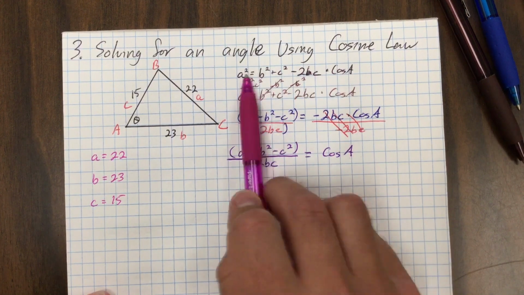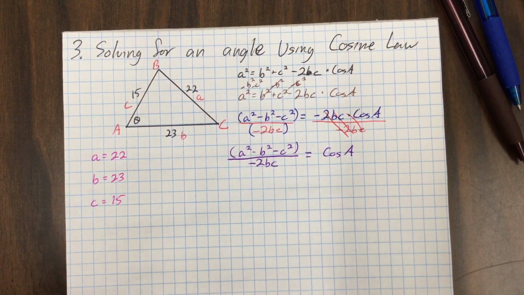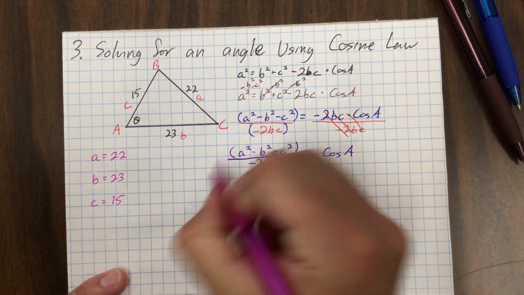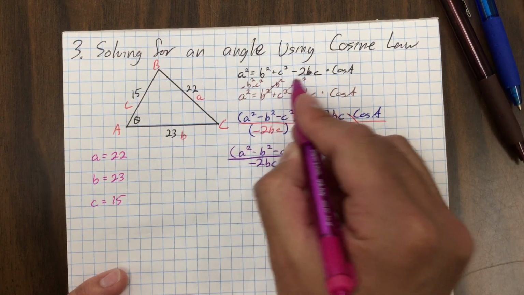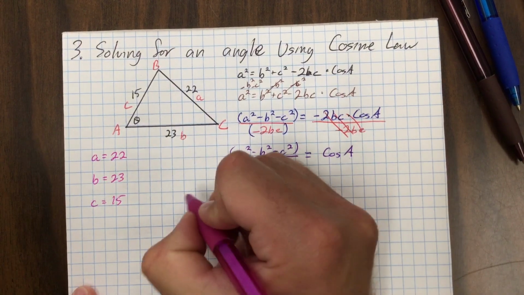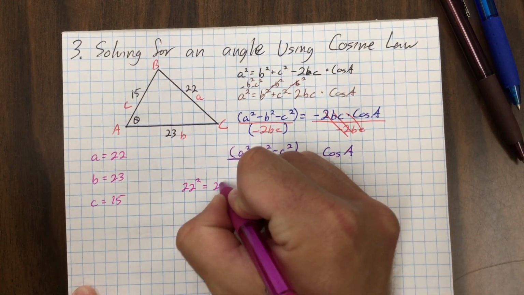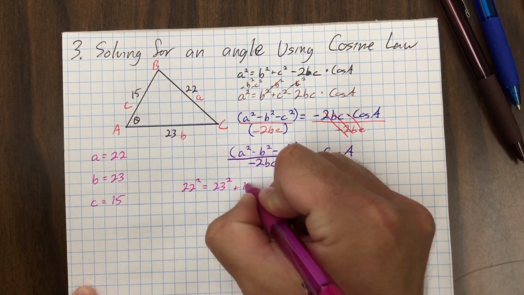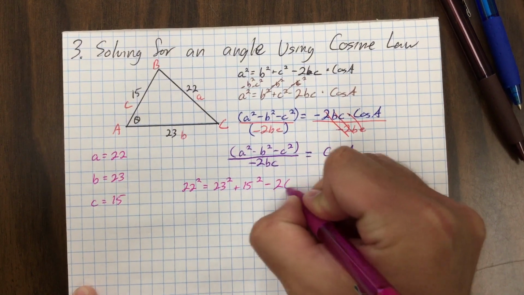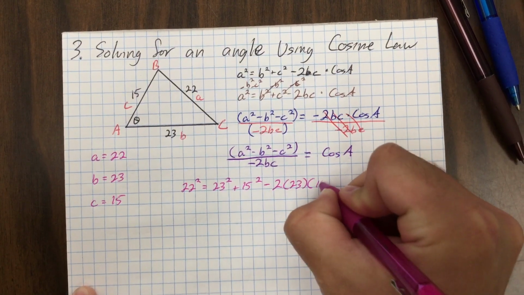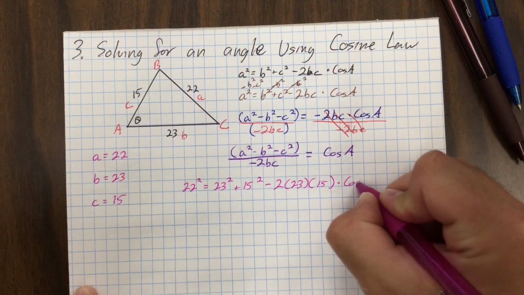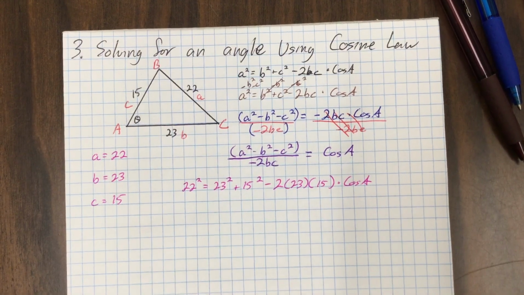I'm going to use all the numbers to solve and go through that process. A squared equals b squared plus c squared minus 2bc times cos A. So we have 22 squared is equal to 23 squared plus 15 squared minus 2 times 23 times 15 times cos of A. A lot of numbers.